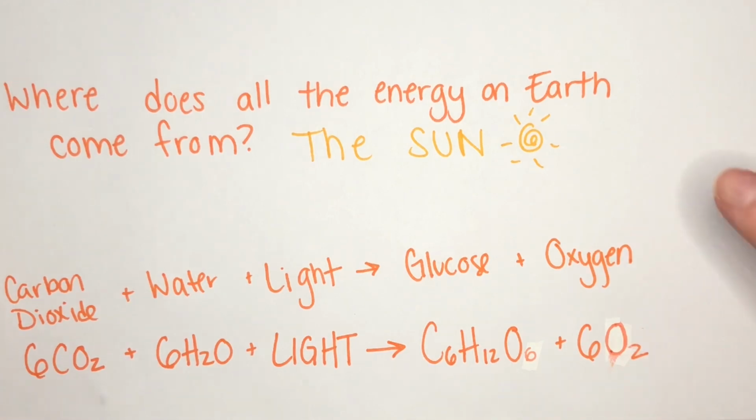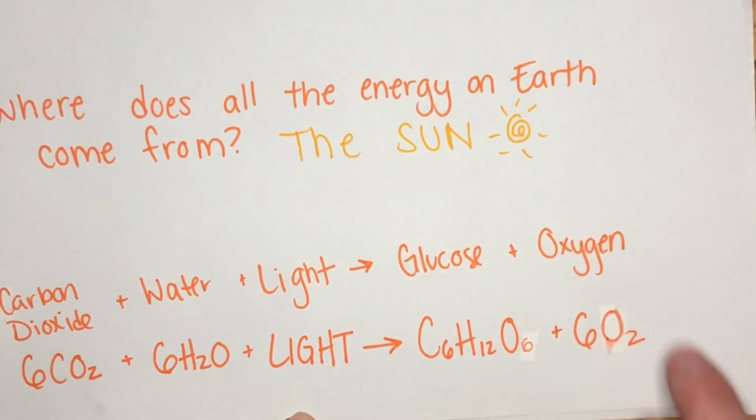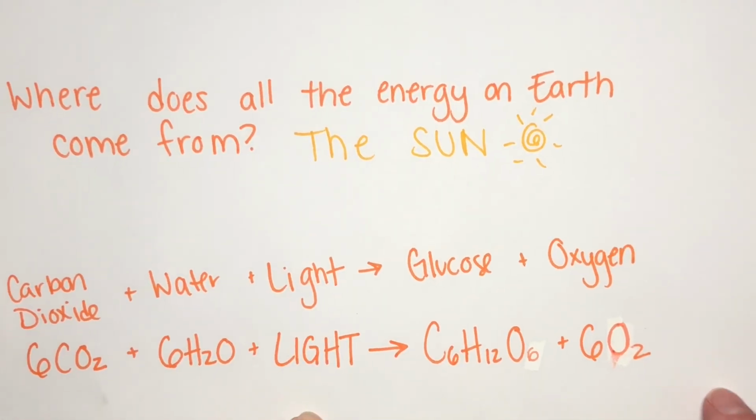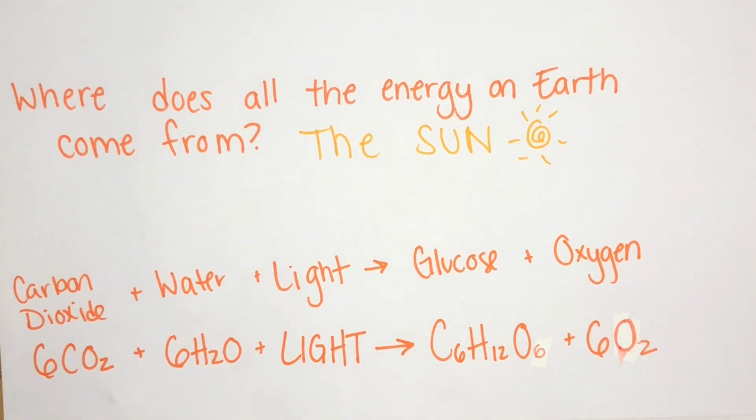Okay, so these plants are getting that energy from the sun, that light energy from the sun, and converting it into that chemical energy, the glucose, that they use to grow.